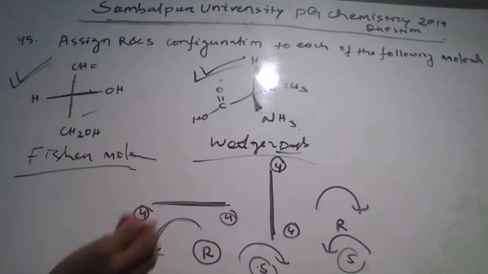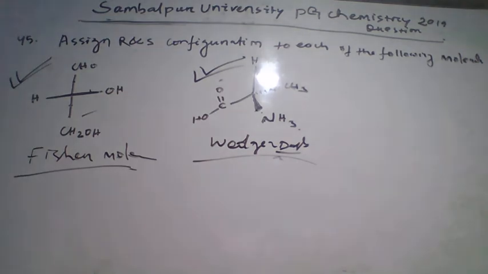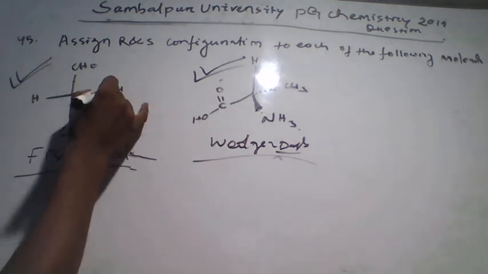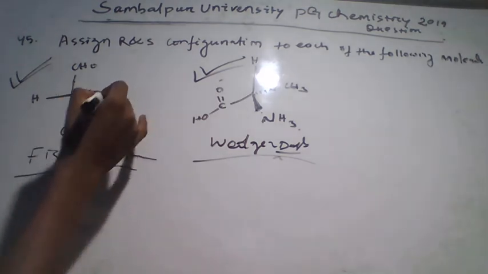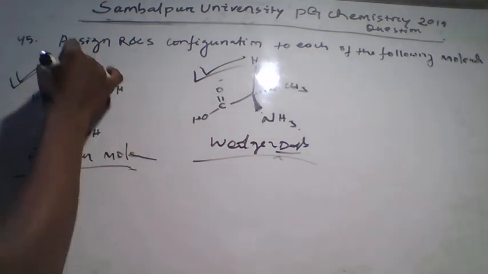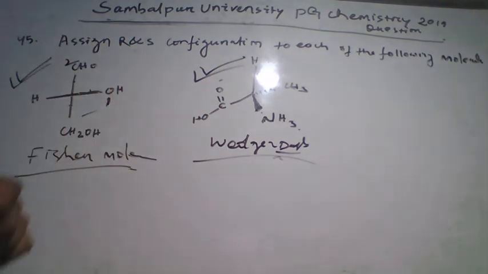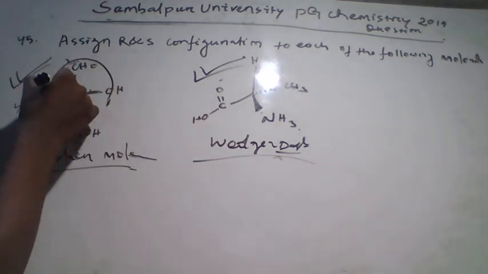Okay, let's predict the RS configuration of this Fischer molecule, and you know the CIP rule for this RS configuration. Okay, you know this one is our first priority. This oxide will get first priority, and this aldehyde second, this is third, this is fourth. Okay, the arrow is like this.